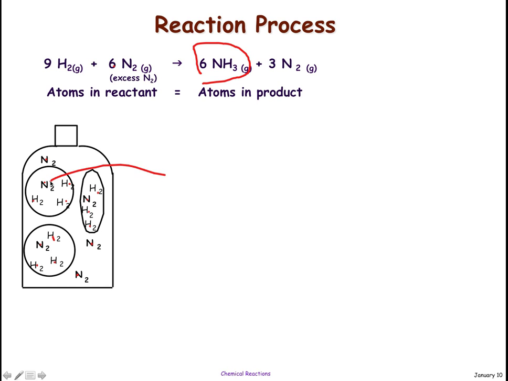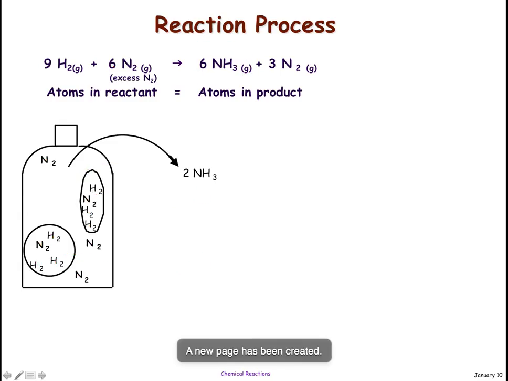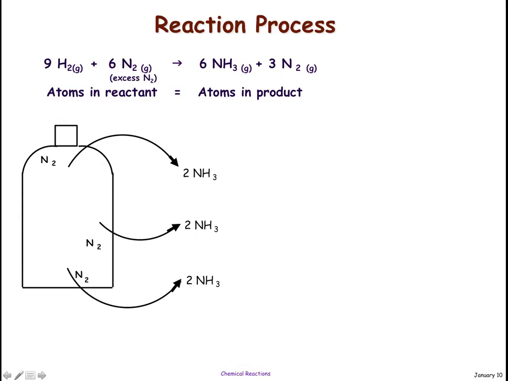There's going to be 2 here, 2 here, and 2 here. Remember, there's N2 here and H2 here, but there are 2 nitrogens and in this particular case 6 hydrogens. So that will yield for each one of these circled groups 2 ammonia. So that's what we see right there.